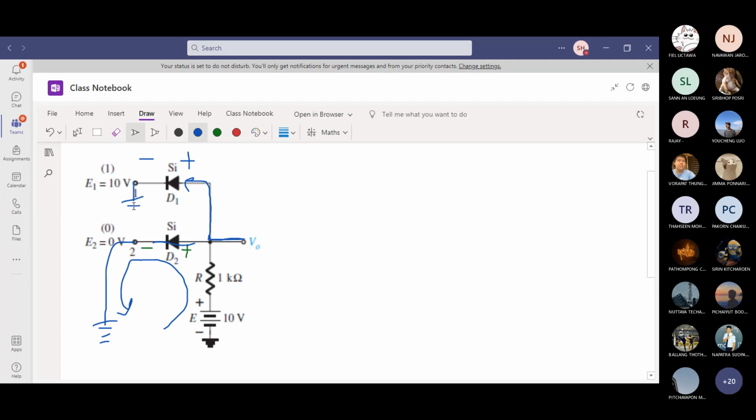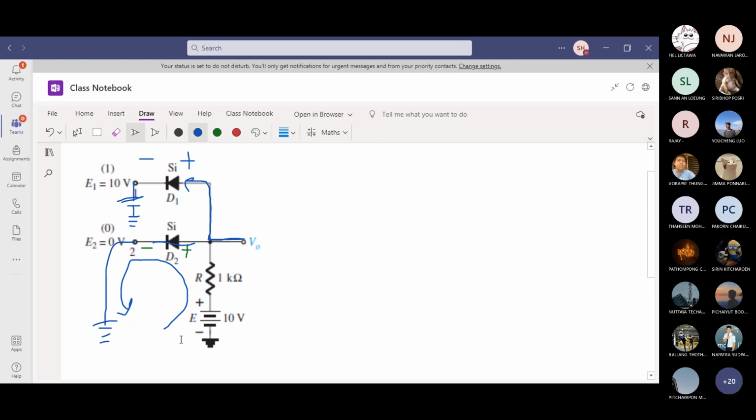You are not normally expecting positive on the cathode. It has to be negative, right? My feeling first is this one is getting a positive 10 volt, which is not a forward bias because you are putting positive 10 on the cathode, and then this one is having a much less than 10 volt.